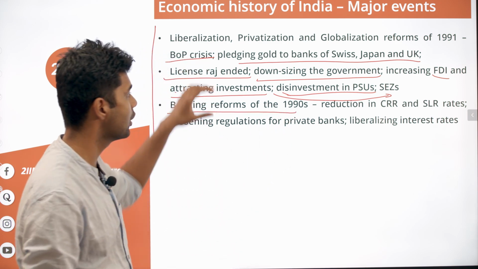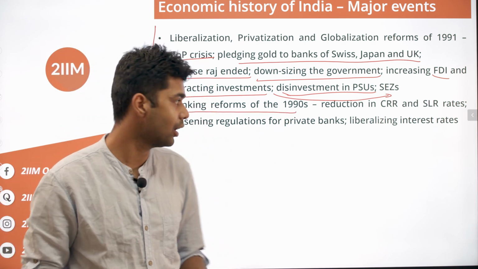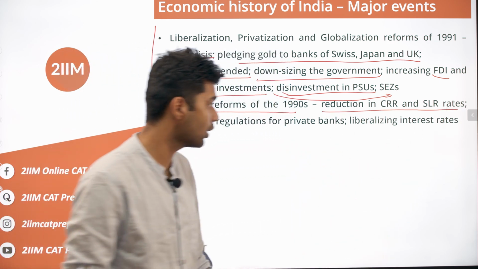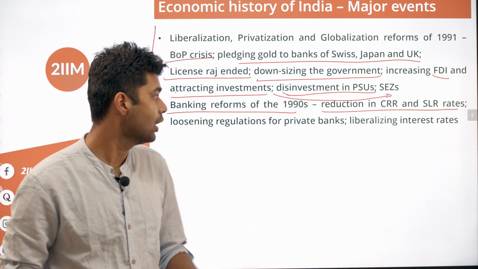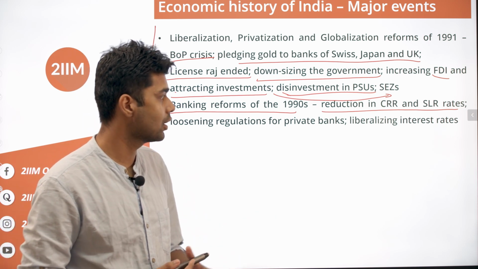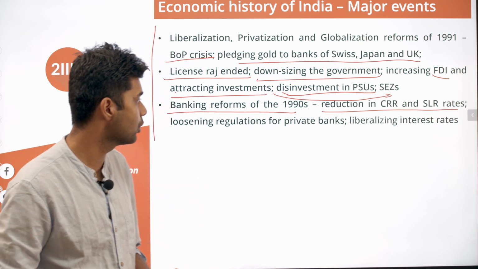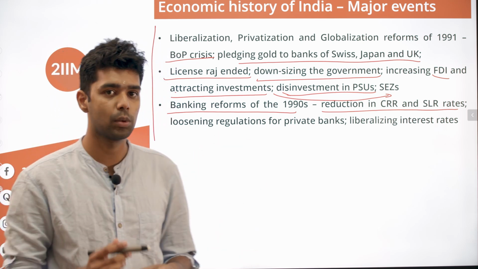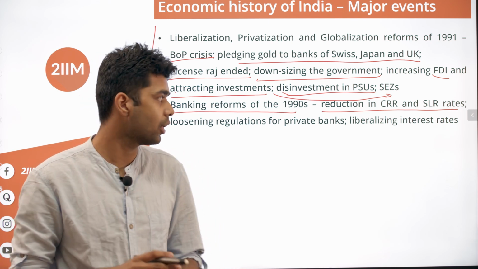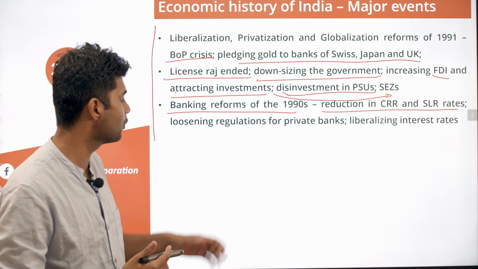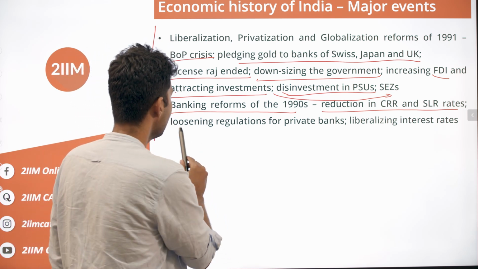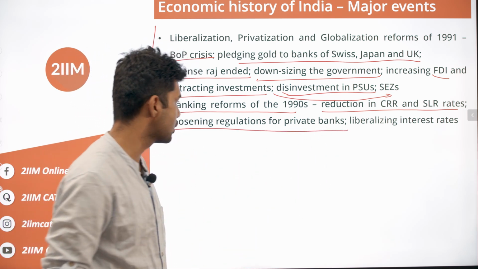It did not end with the initial reforms of 1991 to 1993. Banking reforms happened. Here, the major focus was on reduction in CRR and SLR rates. CRR stands for cash reserve ratio, and SLR stands for statutory liquidity ratio. They basically signify the proportion of funds that the banks usually allocate for emergency purposes, that has to be reduced. So basically, the reform was to encourage banks to lend more. We also loosened regulations for private banks.